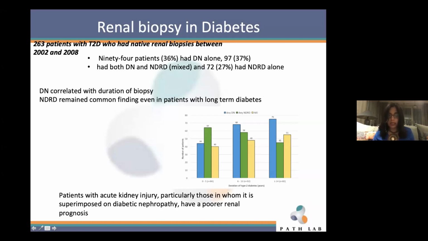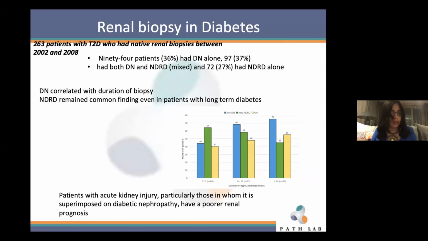So the point is that the longer the duration of the disease, and the longer the patient has been diabetic, the more chance you're going to find diabetic related changes in the biopsy. However, the duration of diabetes is irrelevant to the development of non-diabetic renal disease.